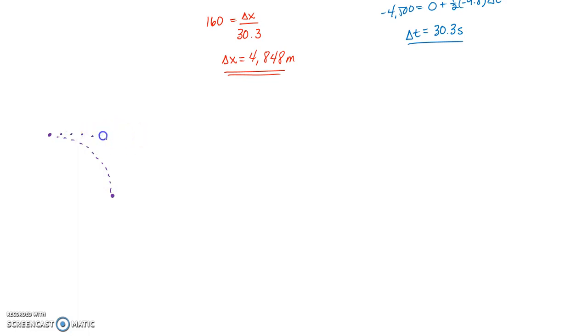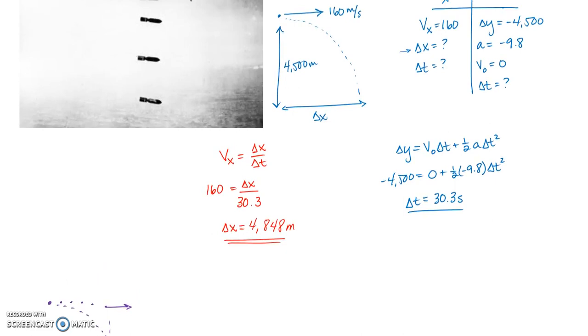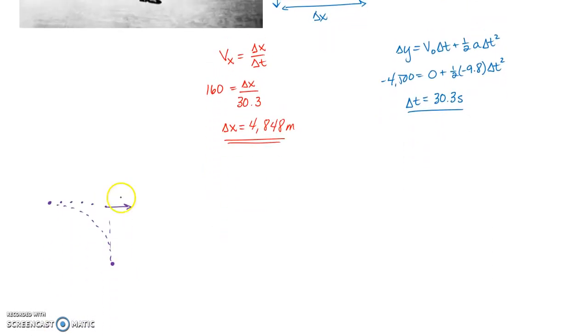So when that hits the ground, the bomber is still traveling directly above it, as long as there's no air resistance, which there is in reality, but this is the conceptual physics question. So the bomber is still traveling at that 160 meters per second horizontally, just like the bomb was. So they are right above each other.